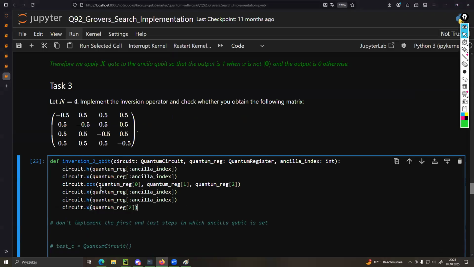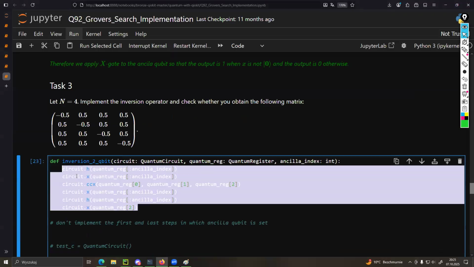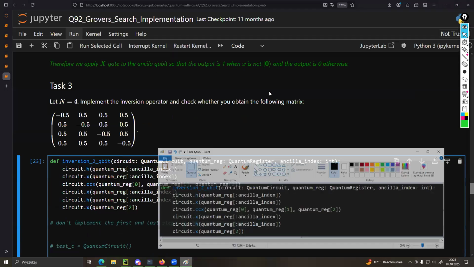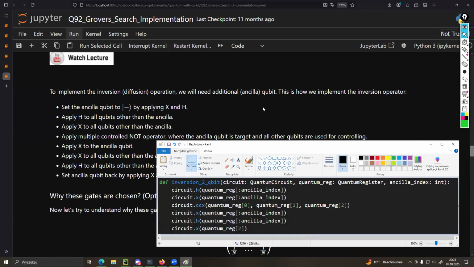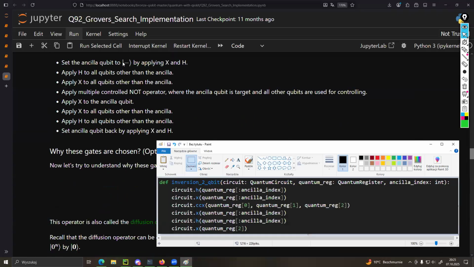So what do I do here? I prepare every single operation that I have listed. And then I use the phase kickback. Then I revert, because the entire idea is to apply the phase kickback. And then, as you can see, we actually revert.